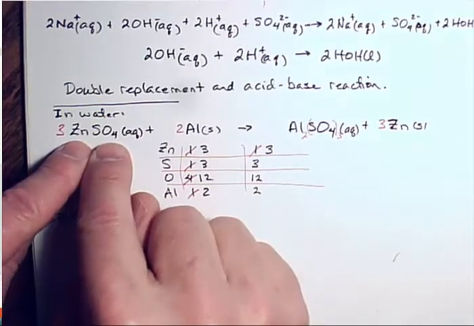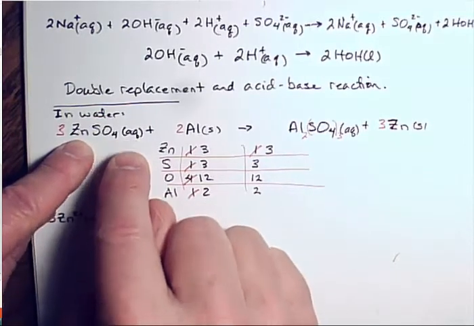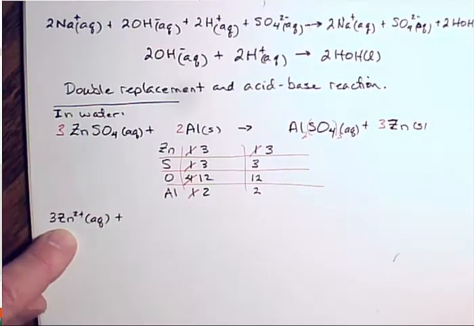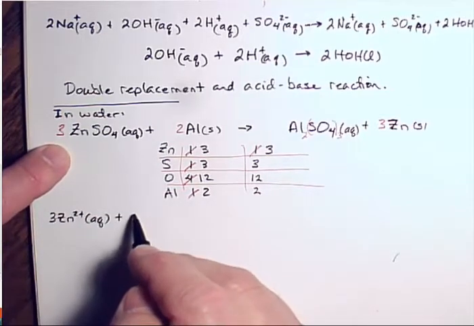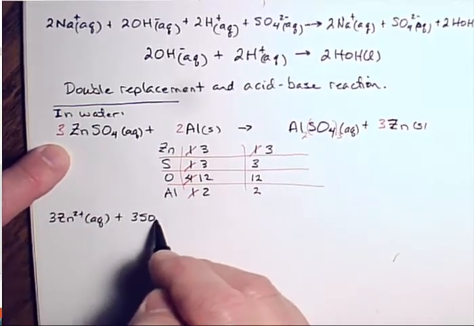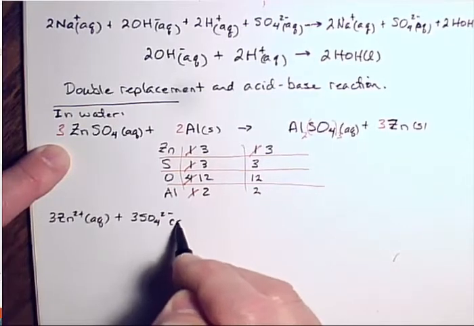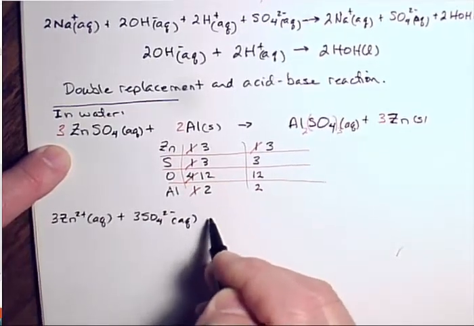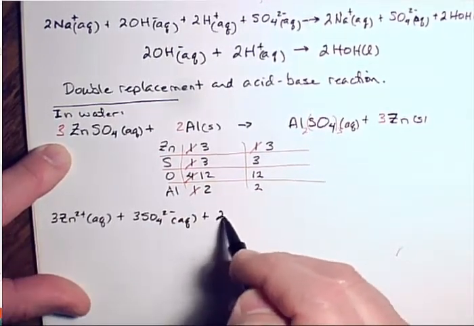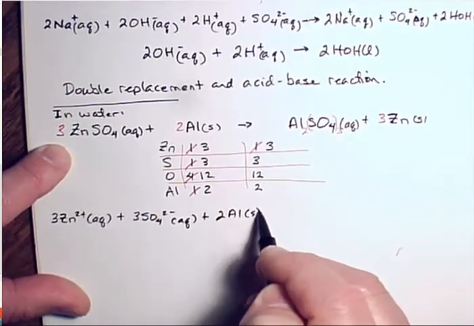So if you have an ionic compound here that's aqueous, then the separate ions down here are also going to be aqueous. And so now we have 3 sulfates. Two aluminums.